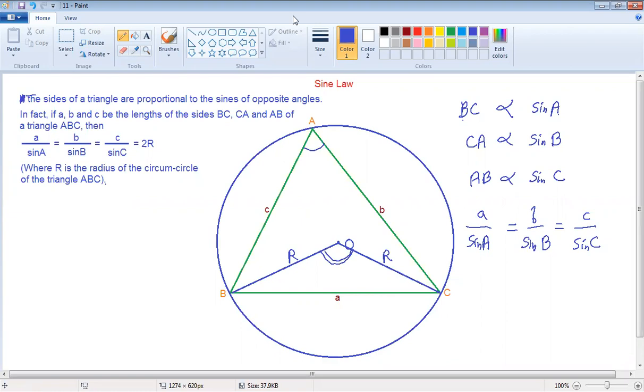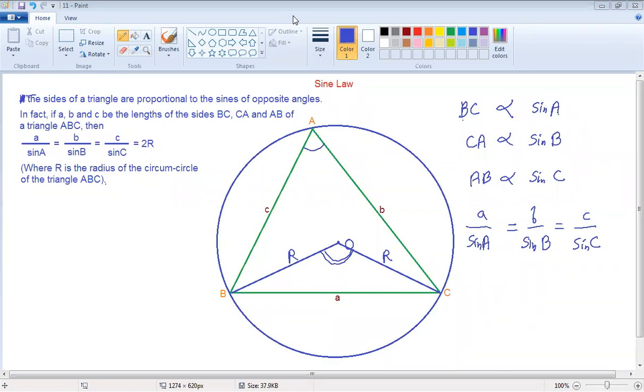Anyone? Amraj, what is angle BOC equal to? Anaj? Anmol? Nobody remembers? Mansirat? Pushpreet? Nobody? Gurman? Jashan?